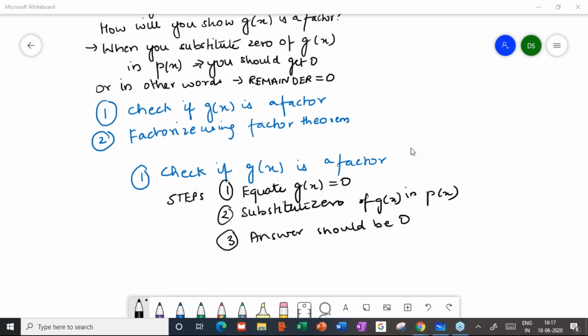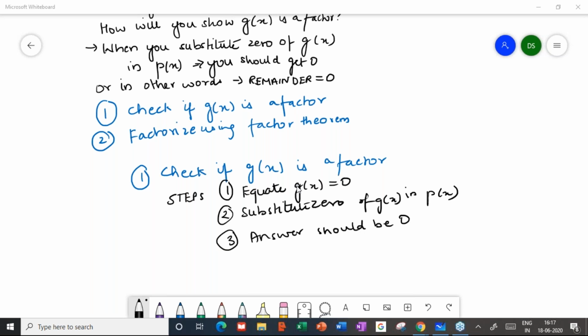Both have the same steps. In factor theorem, if your remainder is zero, that means g of x is a factor. You just need to add that one statement, like Atharva mentioned in the previous question, because we got the remainder as zero that time.